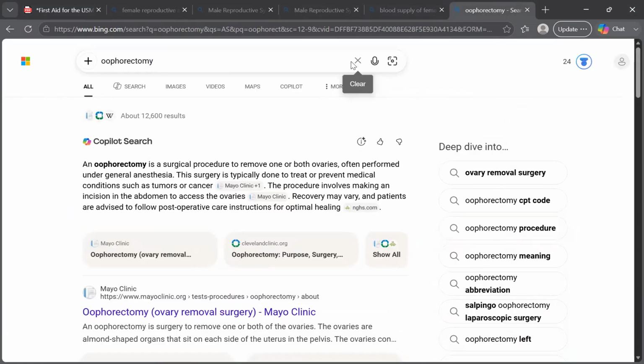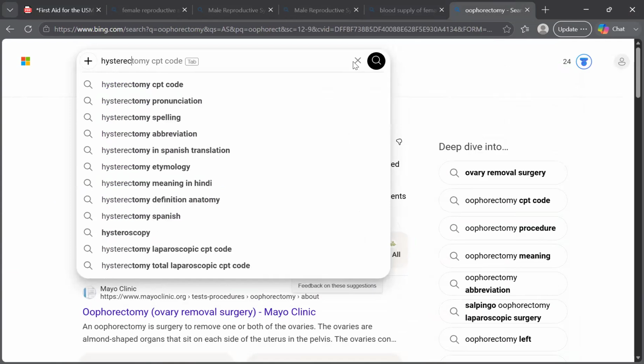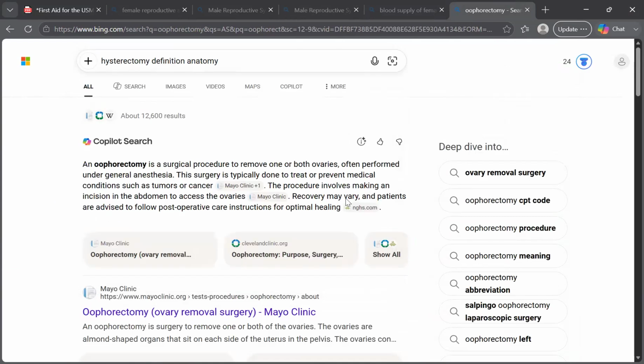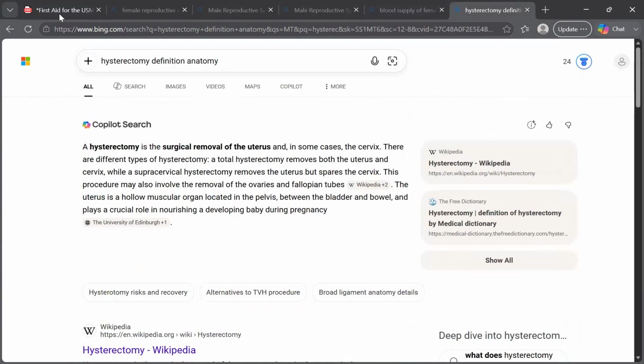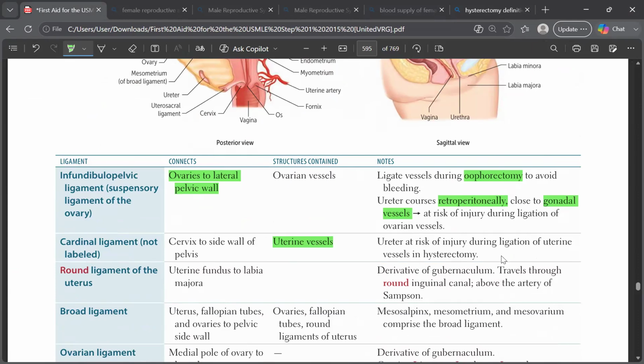A hysterectomy is the removal of the uterus. So the ureter is at risk of injury during ligation of uterine vessels in hysterectomy. You ligate the uterine vessels during a hysterectomy, and the ureter is at risk of injury again.